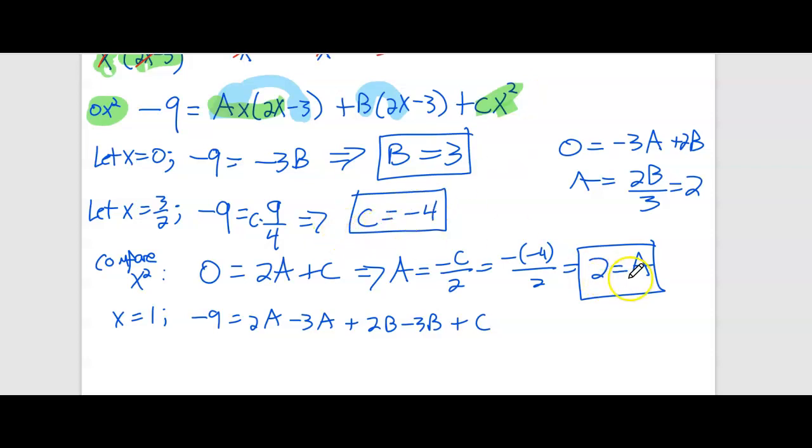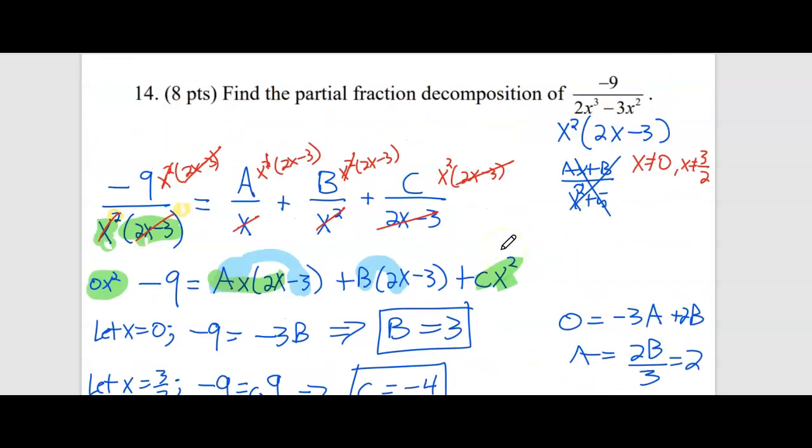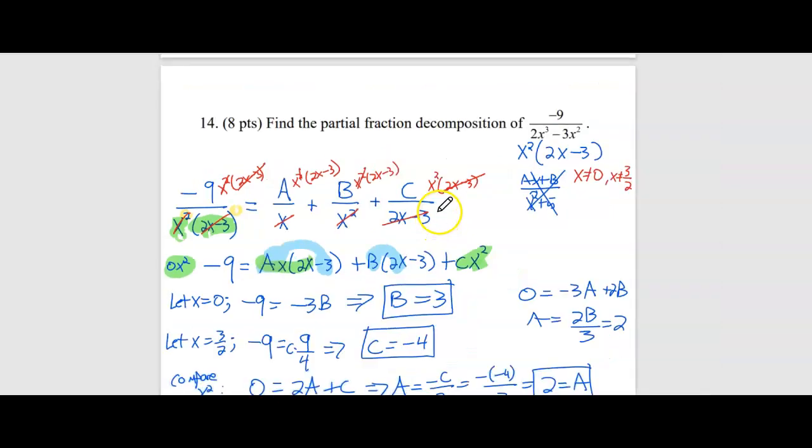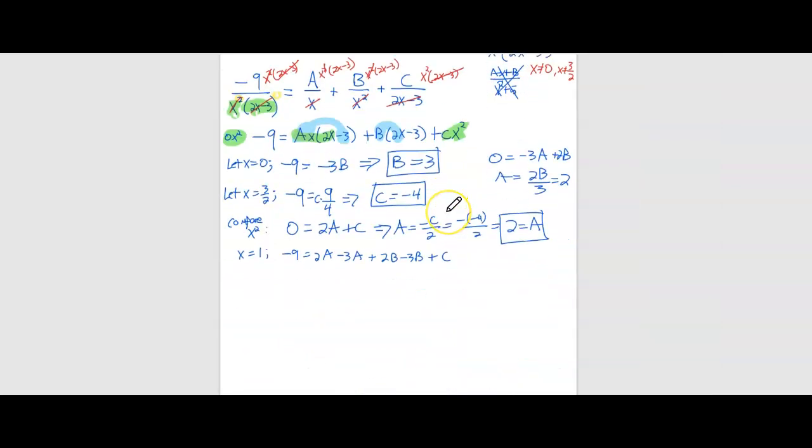So we now have a equals 2, b equals 3, c equals negative 4, and we've established where a, b, and c go. The only thing left that I like to do is write the actual final answer. We have succeeded in finding this. A is 2, so 2 over x, plus b is 3, so plus 3 over x squared, and c is negative 4.